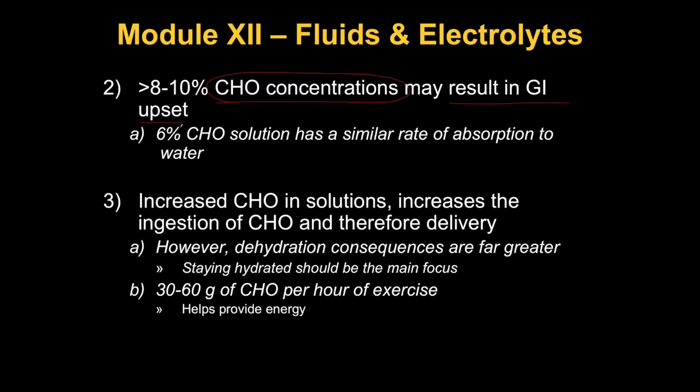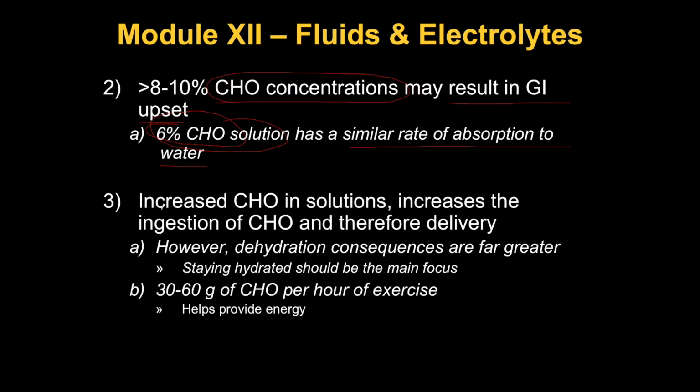So currently, about a 6% carbohydrate solution is what's recommended to get a similar rate of absorption to water. So you can provide a little bit of carbohydrate and the fluid necessary, and that would be equivalent to drinking water as far as the absorption into the enterocyte and thus into the bloodstream would be.